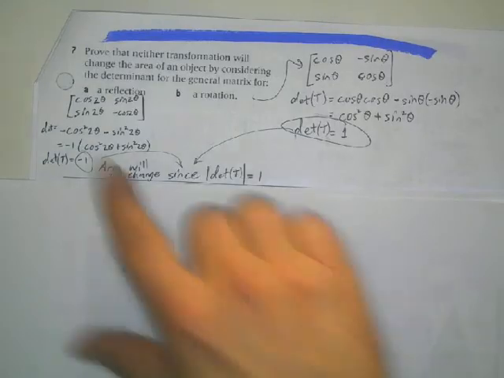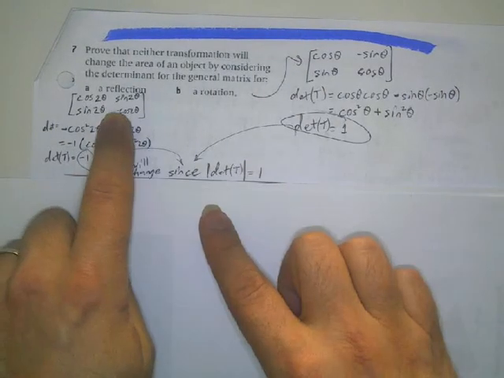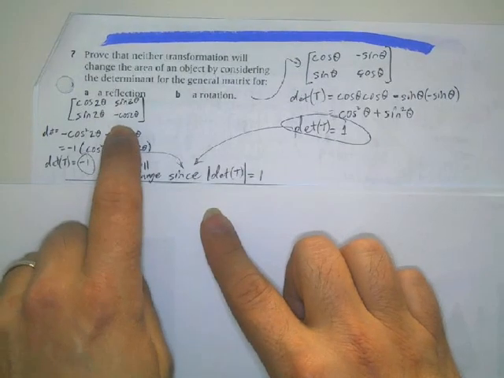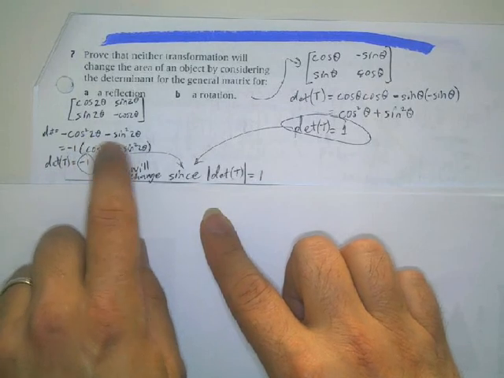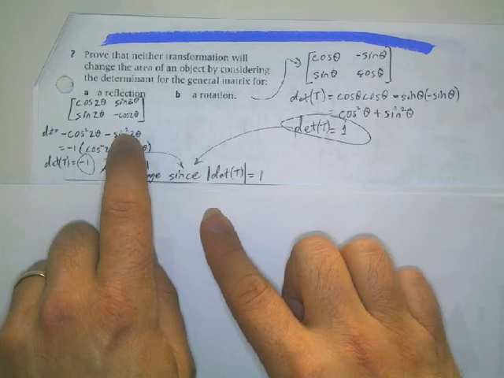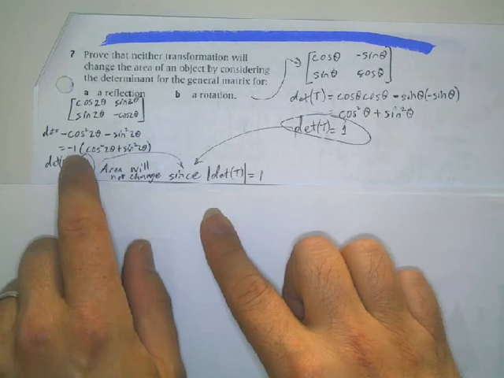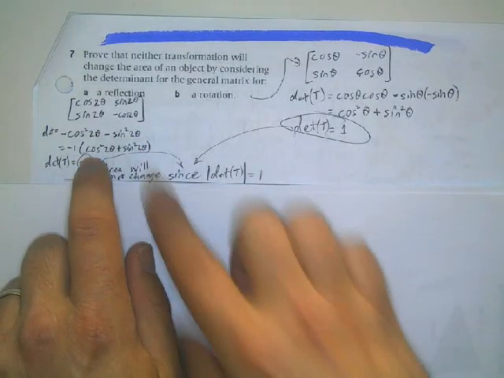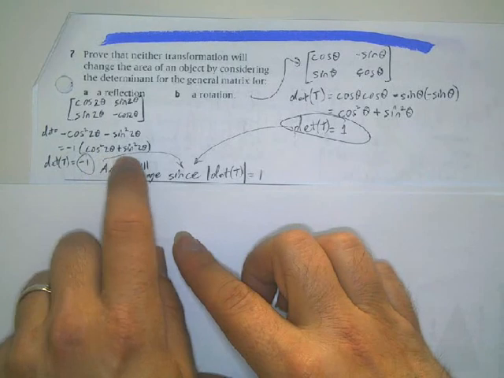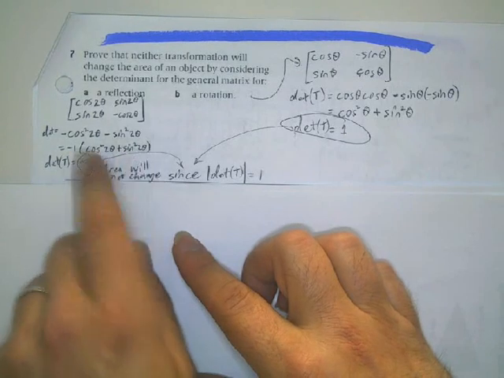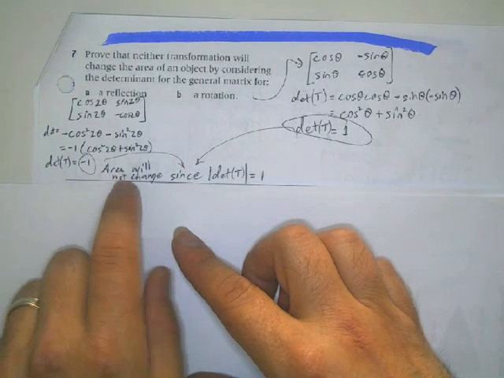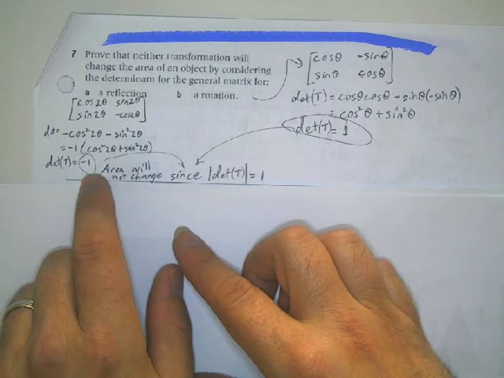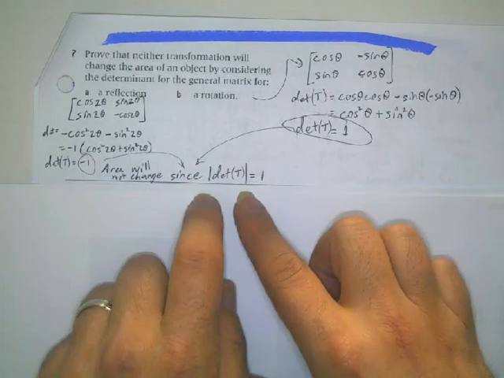If I take the determinant of that matrix, I end up with negative cosine squared 2 theta minus sine squared 2 theta, and then I end up with negative 1 times parentheses cosine squared 2 theta plus sine squared 2 theta, and this is the identity, which is equal to 1. So the absolute value of negative 1 gives me 1.